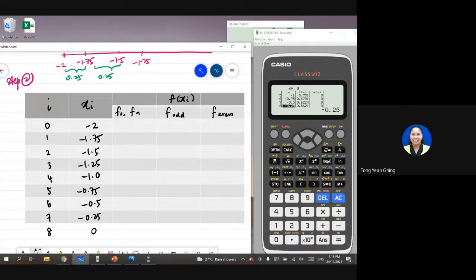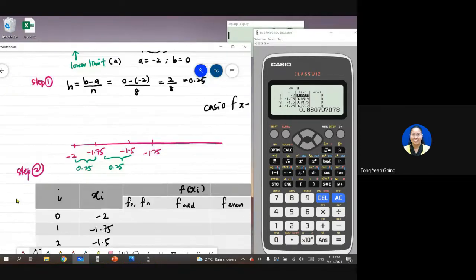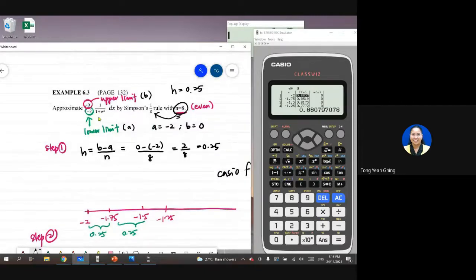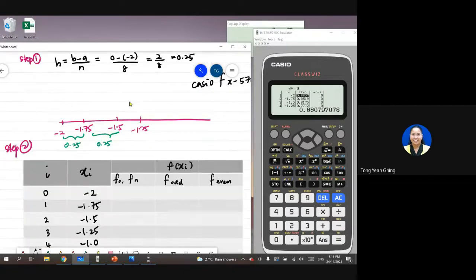So the value of f(x0). If we put in these functions, 1 divided by 1 plus exponent x, with x equal to -2, we get 0.880779.